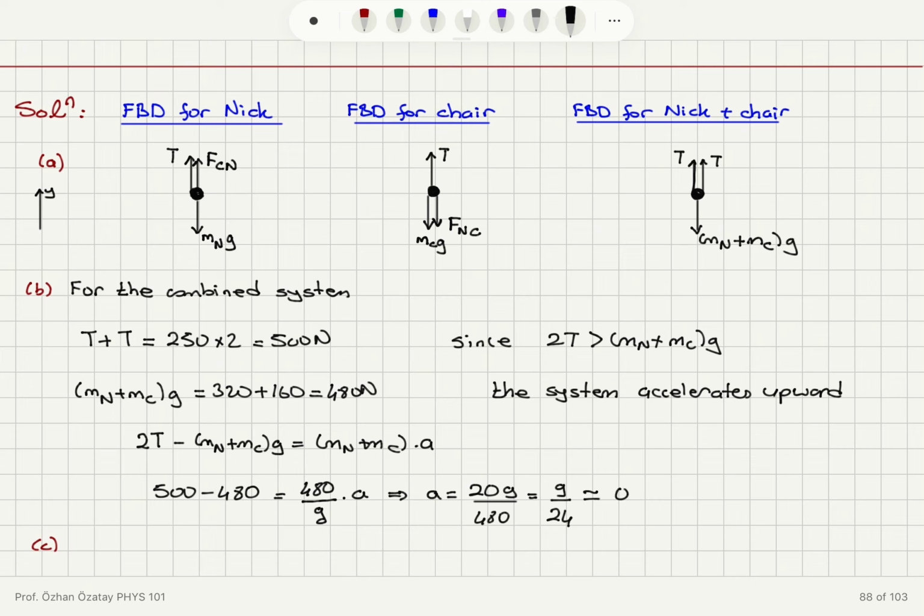That is roughly 0.408 meters per second square, because gravitational acceleration we can take to be 9.8 meters per second square. Okay, so we have found that the system accelerates upward and the common acceleration is 0.408 meters per second square.